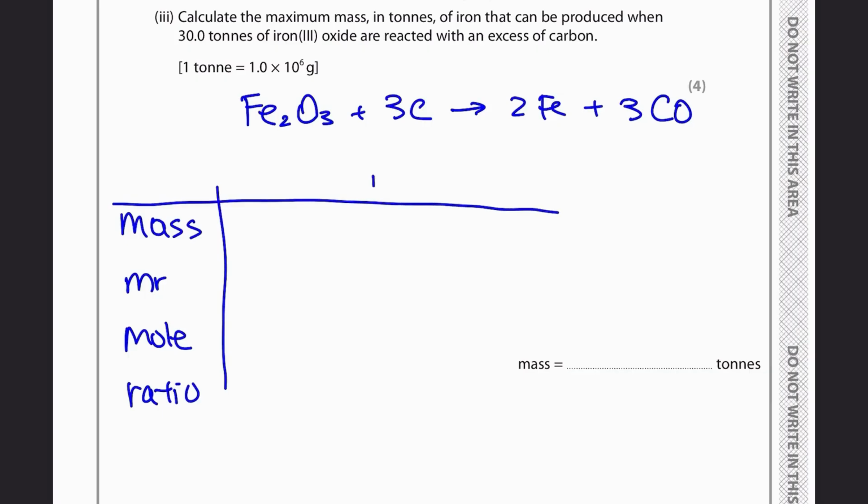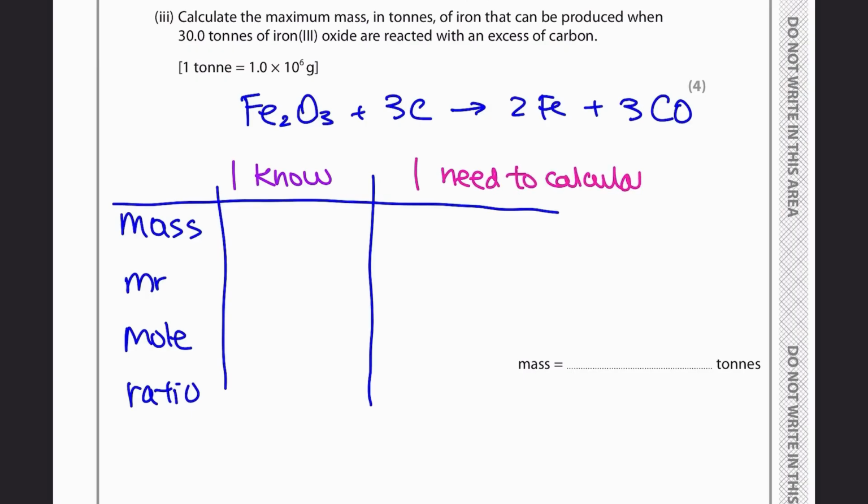And then at the top here, I want you to write what I know first of all, because they're going to give you some information that you know about, and then what I need to find out, what I need to calculate. So what you know is what they told you. They didn't give you information about all four of these things.